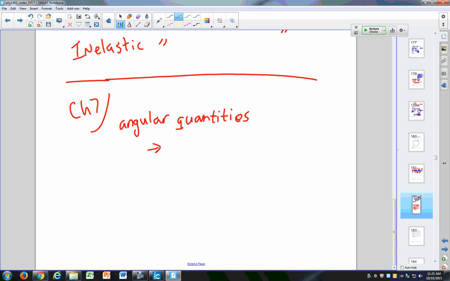The sign of displacement, positive or negative. Positive is counterclockwise. Negative is clockwise. You need to know your unit circle, or at least know how to convert between different measurements of angle.